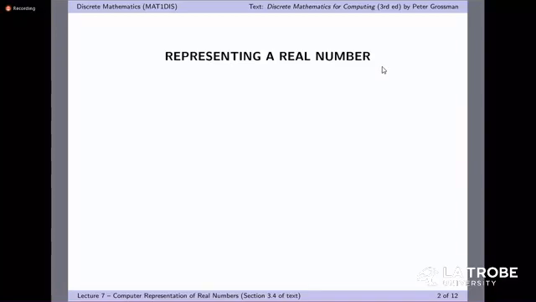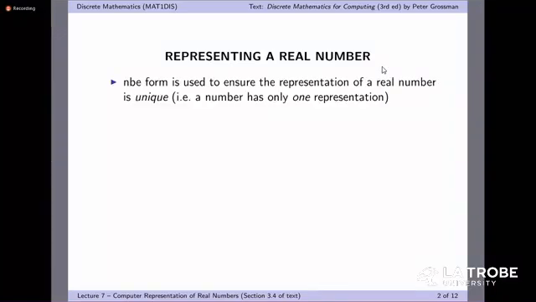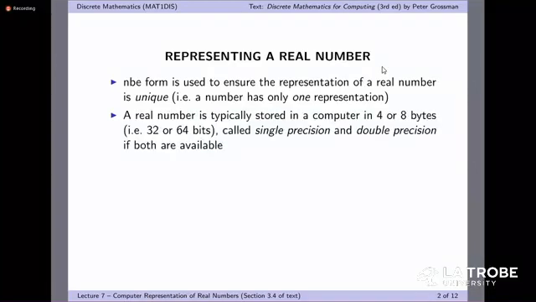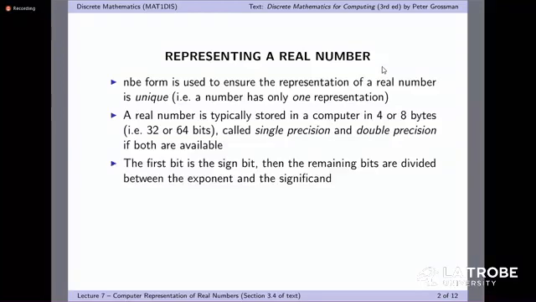Now, representing a real number, step 1, we convert that into normalized binary exponential form, NBE. And we used 32 bits for that. We can do 64 if we like, but the process is similar, so we don't have to go into it. As always, the first bit is a sign bit. Then the remaining bits are divided between exponent and the significand.